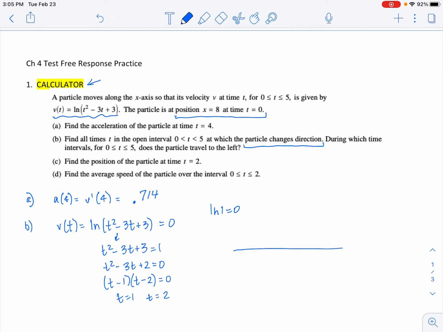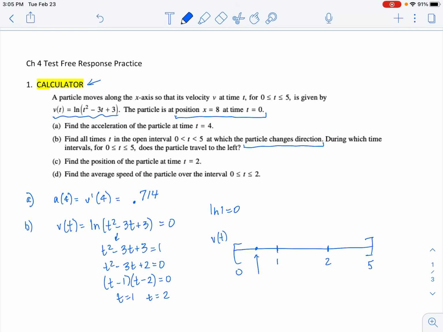And then I'm going to make a sign chart between 0 and 5 for the sign of my velocity function to see where it changes sign. So I can just plug in numbers to the actual velocity function.